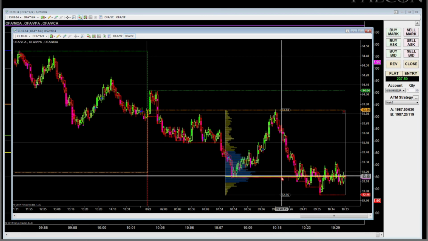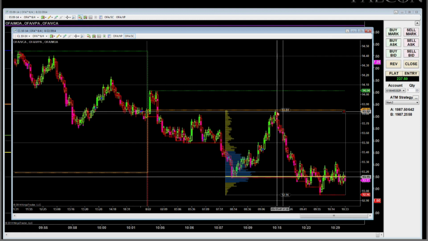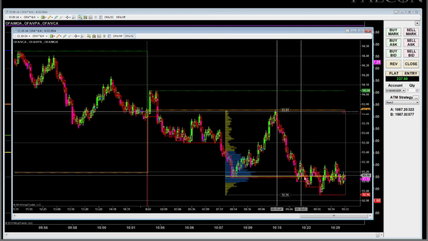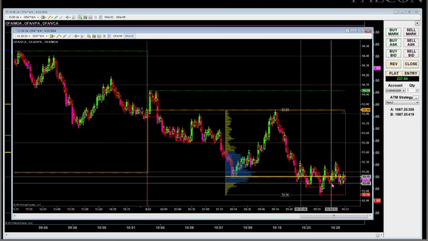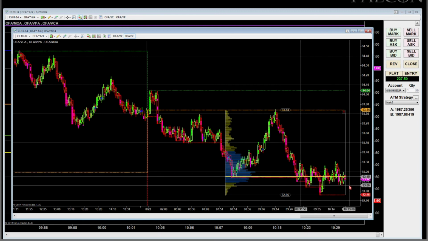Okay, just to get the context here, you see VPOC down here, 93.15. This is where the overnight low, or the initial swing low, was. We had this big move to the upside. Look at what's happening here, right? This is getting rotation around VPOC.